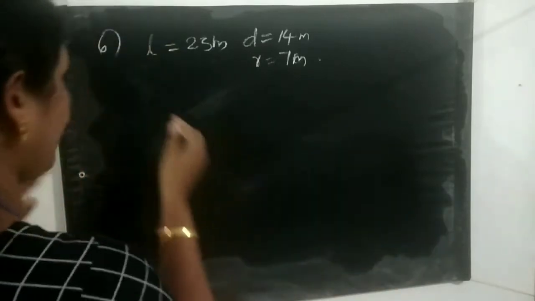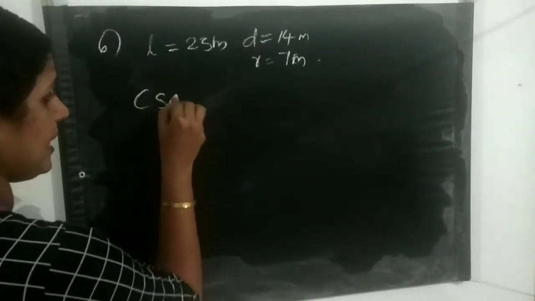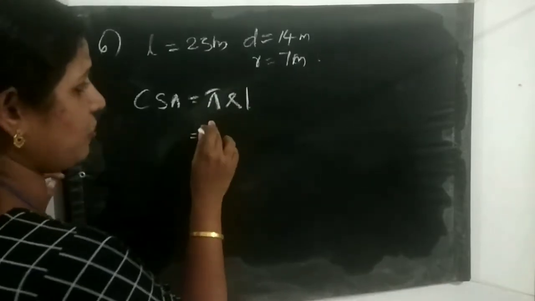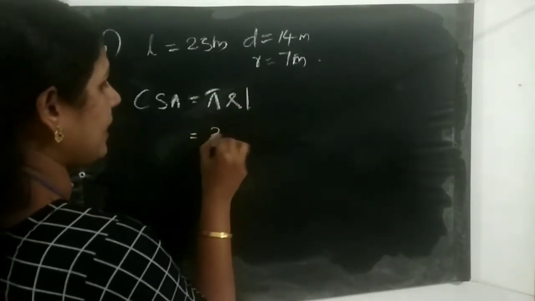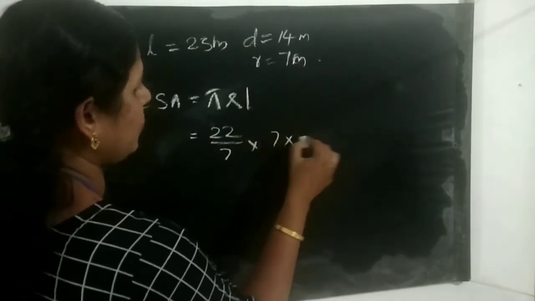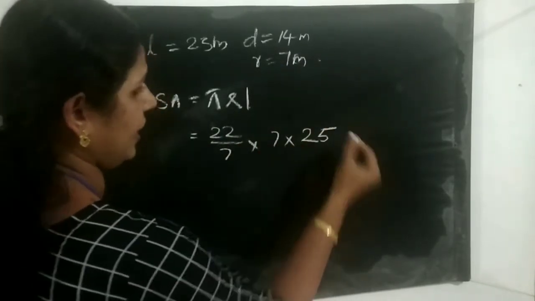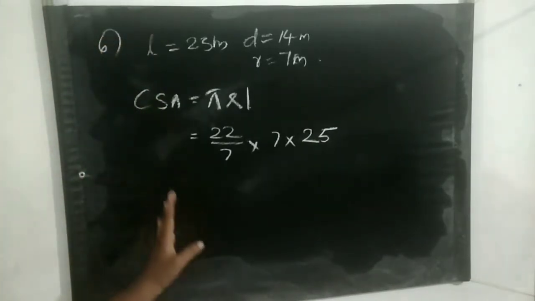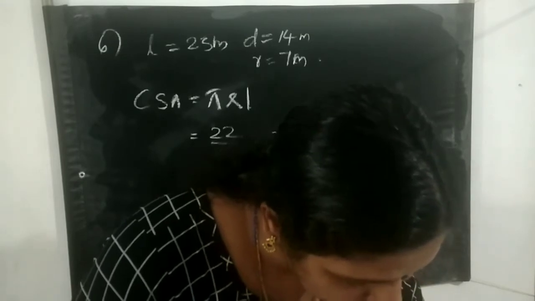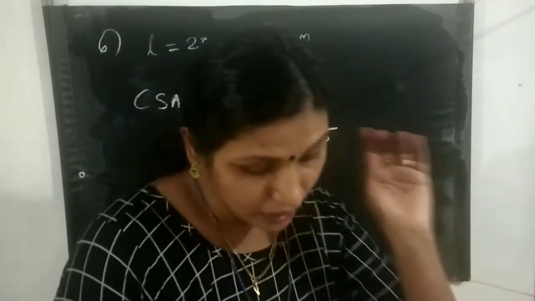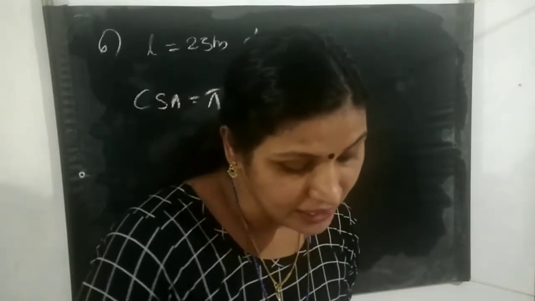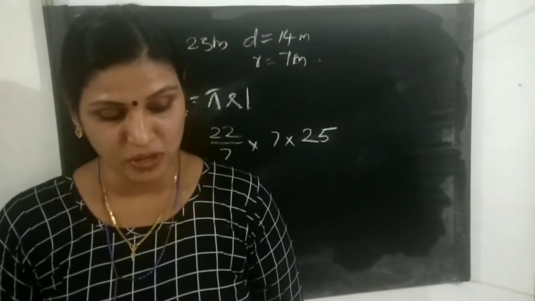So we have to find the curved surface area, which is pi R L. By using this equation we find pi R L, that is 22 by 7 into R, which is 7, into L, which is 25. But the question says whitewashing the curved surface area at the rate of rupees 210 per 100 meter square.